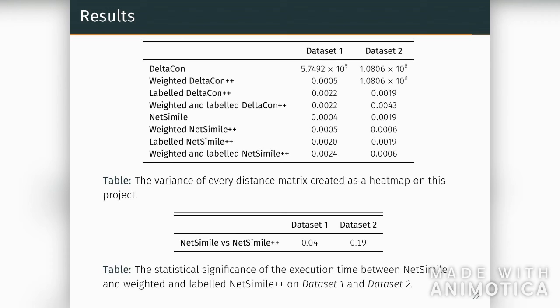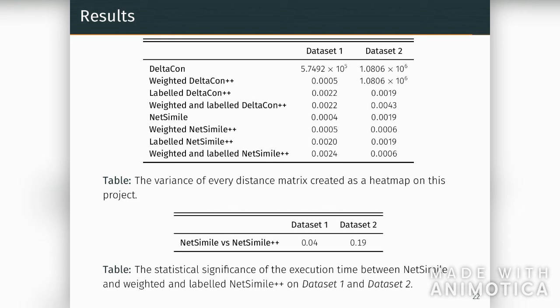On the second table, we can see the p-value that was used to evaluate whether the penalty on the execution time was statistically significant. The second table reports the result. The first column shows that the p-value on dataset 1 is 0.04. The result is significant at p less than 0.05, thus the null hypothesis is rejected.